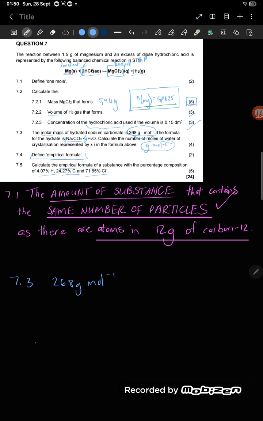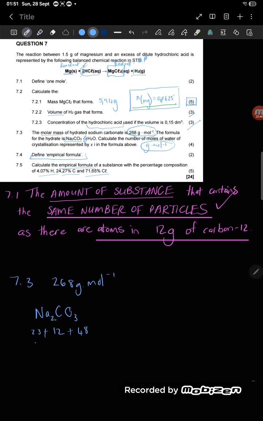And the hydrates, number of moles of water of crystallization represented by X in the formula above. So I'm going to take Na2CO3. So Na is 23, carbon is 12, and 3 times 16 is 48. So that gives me 83. But how many Na have I got?